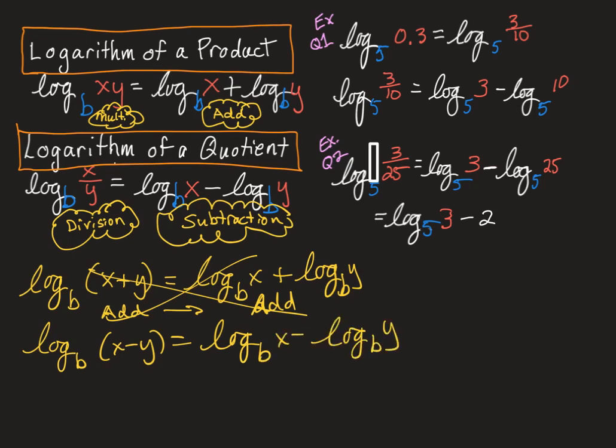Do not do that. That is not true. It's only from a product to a sum, a quotient to a difference, or multiplication to addition, or division to subtraction. Of course, you can go the other way. You can go from a subtraction of separate logs to one single log with a quotient. You can go from an addition of two separate logs to one log with a product.